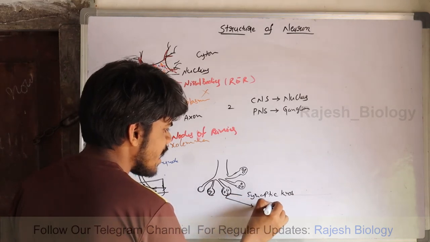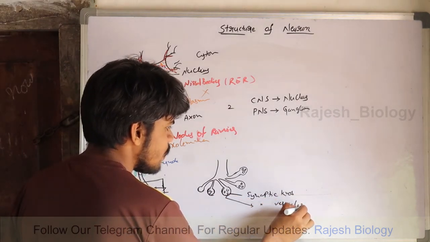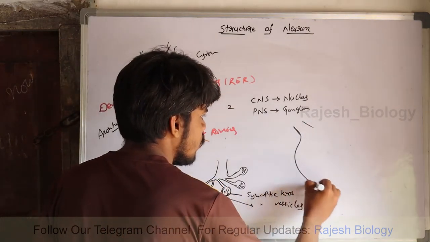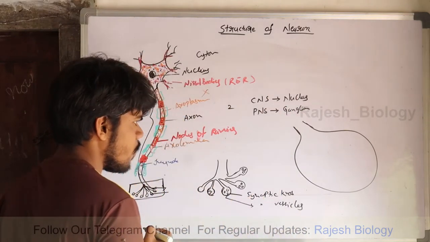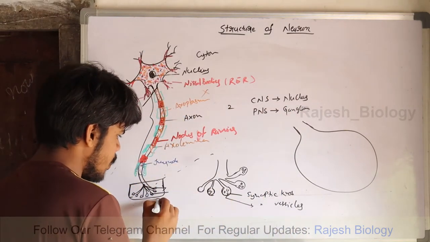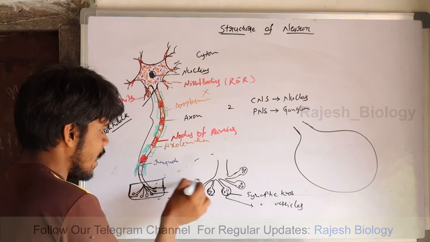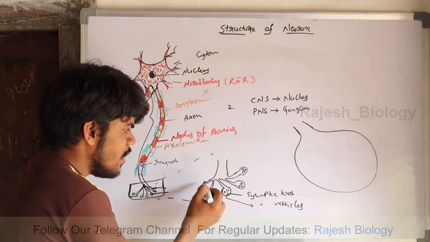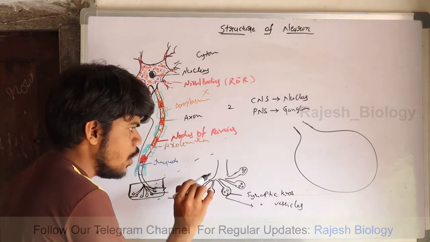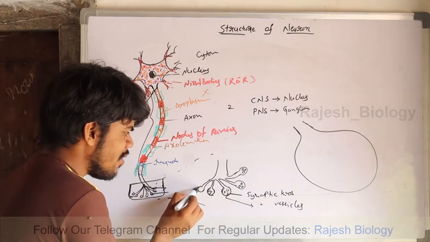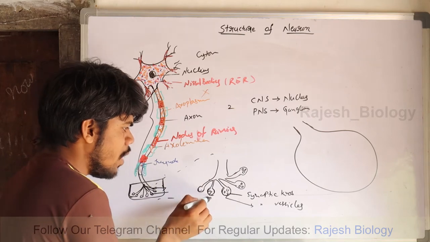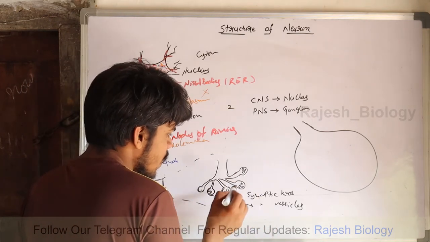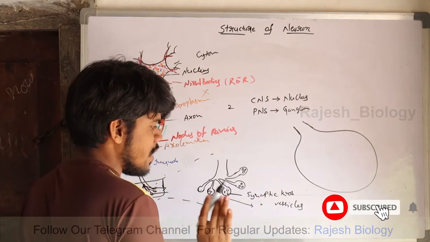This is the enlarged diagram of the terminal portion of the axon, which has so many telodendrites, and each telodendrite has a bulb-like structure at the end, known as the synaptic knob or terminal button, and the vesicles are known as synaptic vesicles.